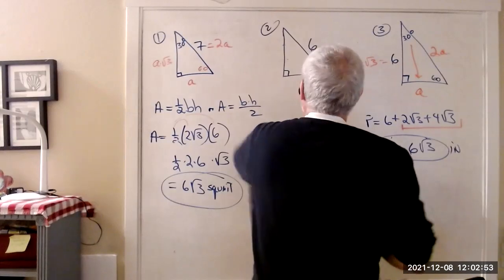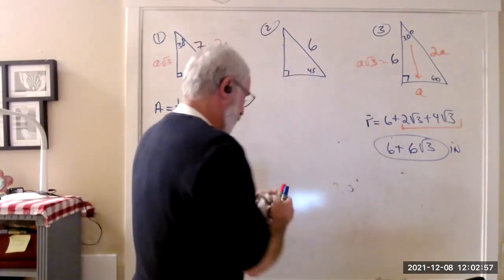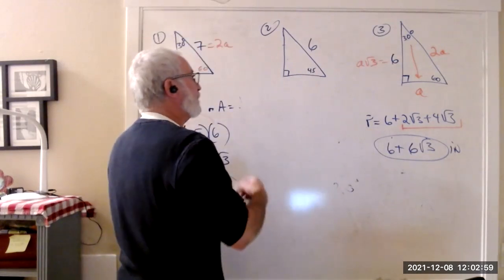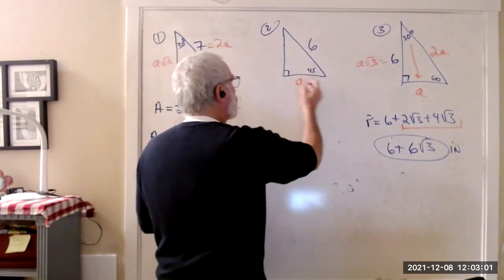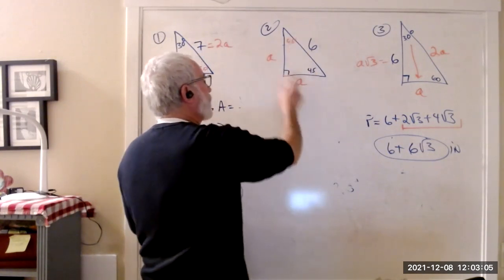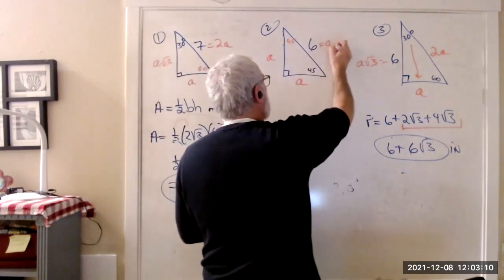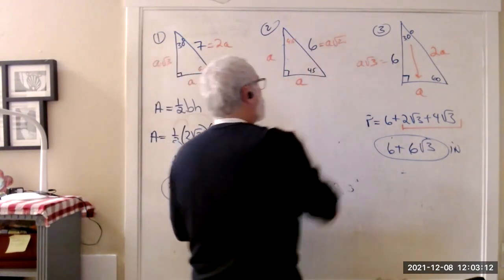Okay, last problem on this assignment. I want to find the legs here. So in a 45, 45, 90 triangle, the 2 legs that are opposite the 45-degree angles are both called A, and the hypotenuse is A times the square root of 2.